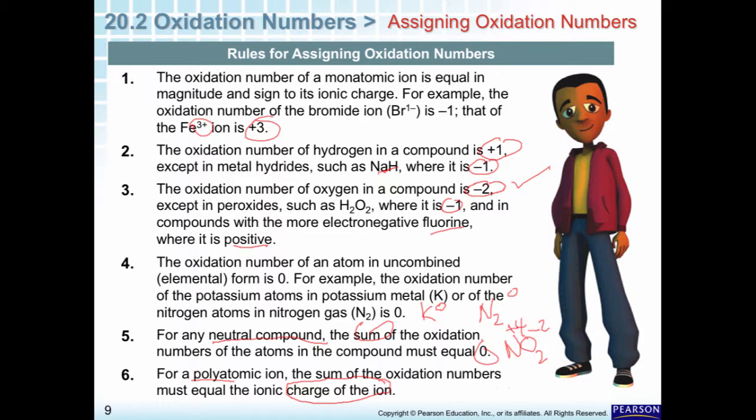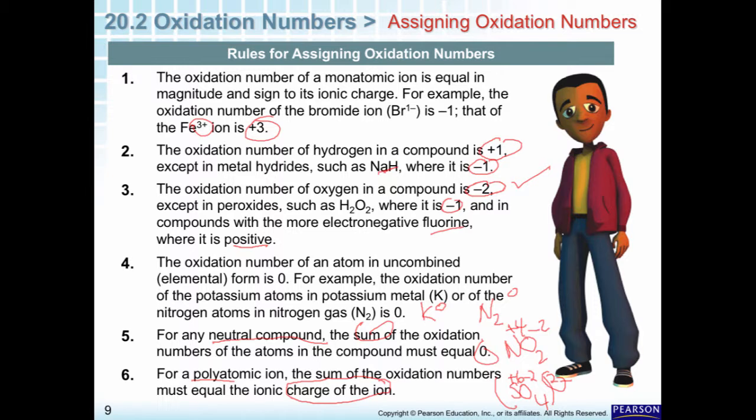That's going to add up to 0. If I have SO4, my polyatomic, which is 2 minus, then I have minus 2 for the oxygen, that's minus 8, and this would have to be plus 6, because it would add up to minus 2.